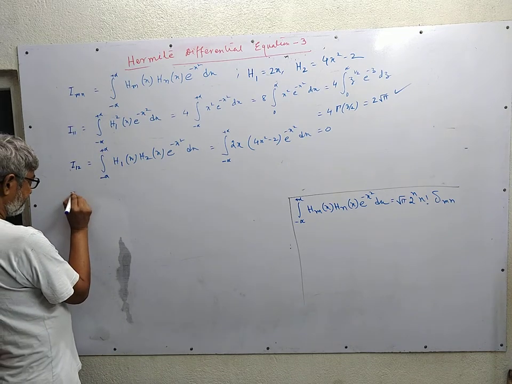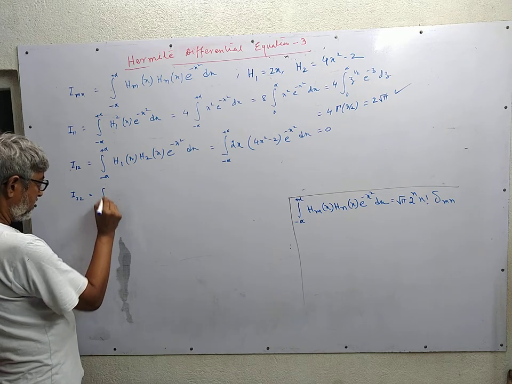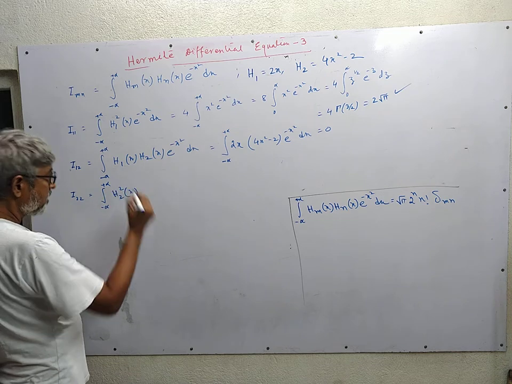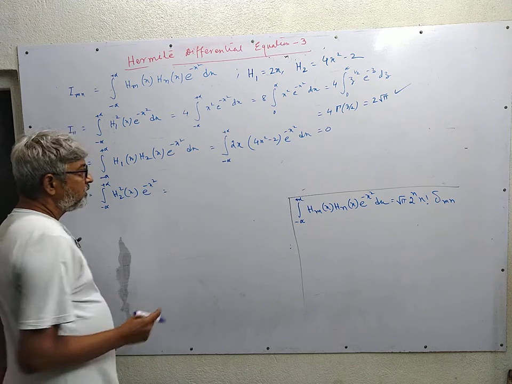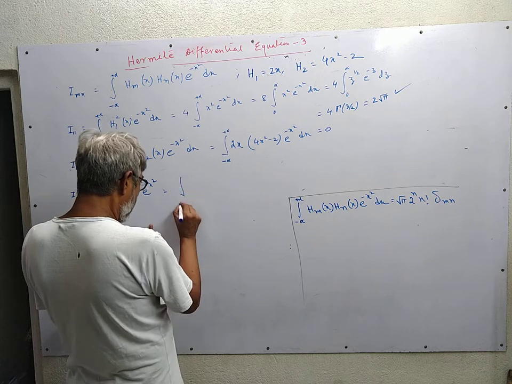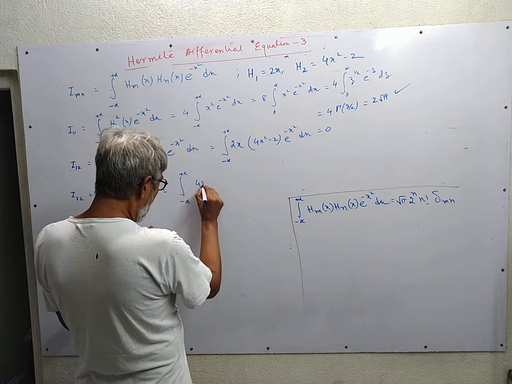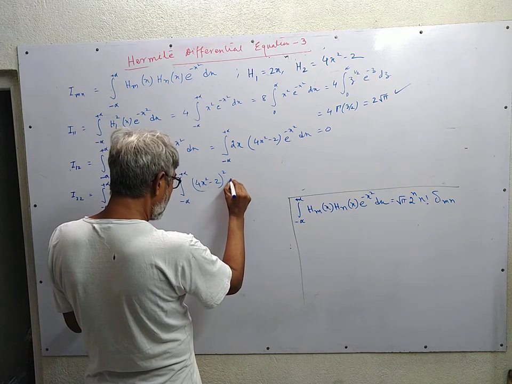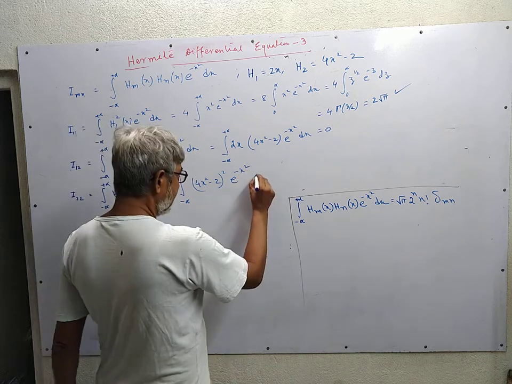Finally, I22 is the integral from minus infinity to plus infinity of 4x square minus 2, square, e to the power minus x square dx.